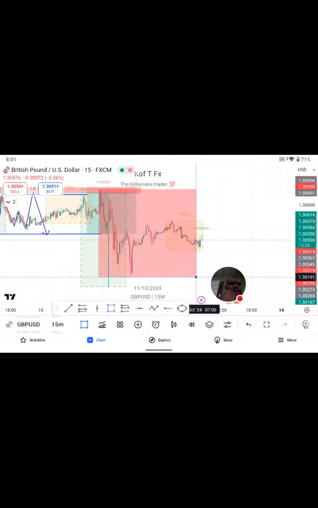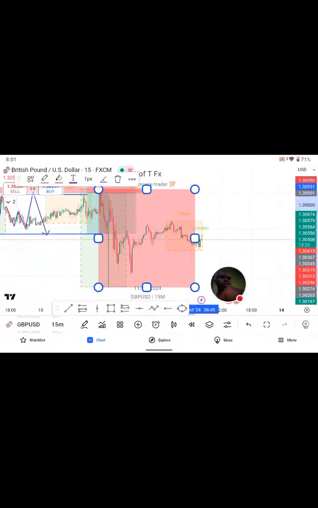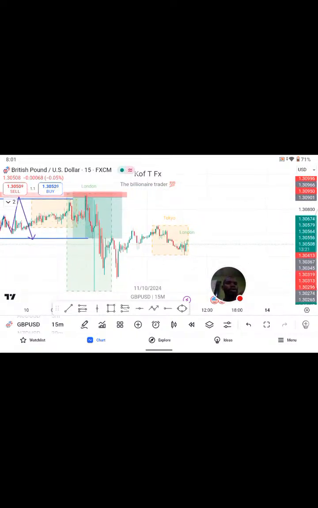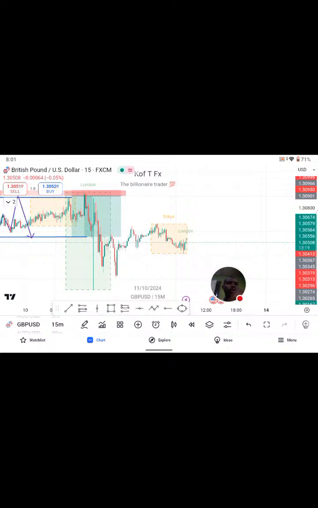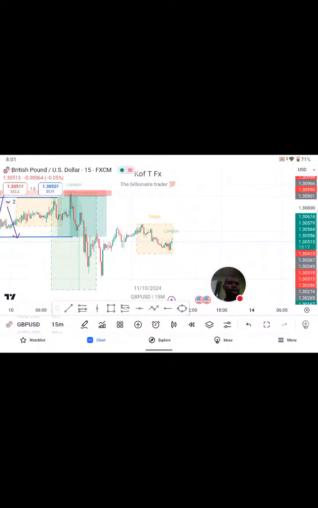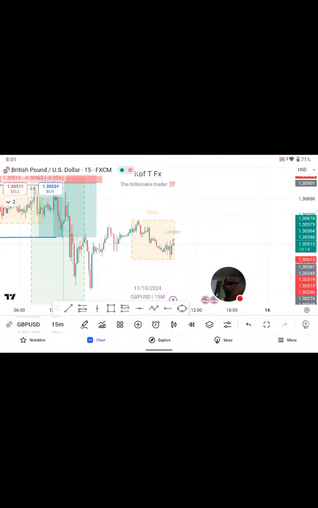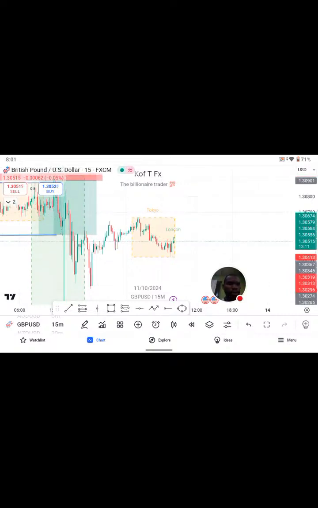From here to here, this is the whole range of the structure. So what I want to draw out now is just the internal structure to see if we are going to have a trading opportunity that aligns with the logic of our trades.